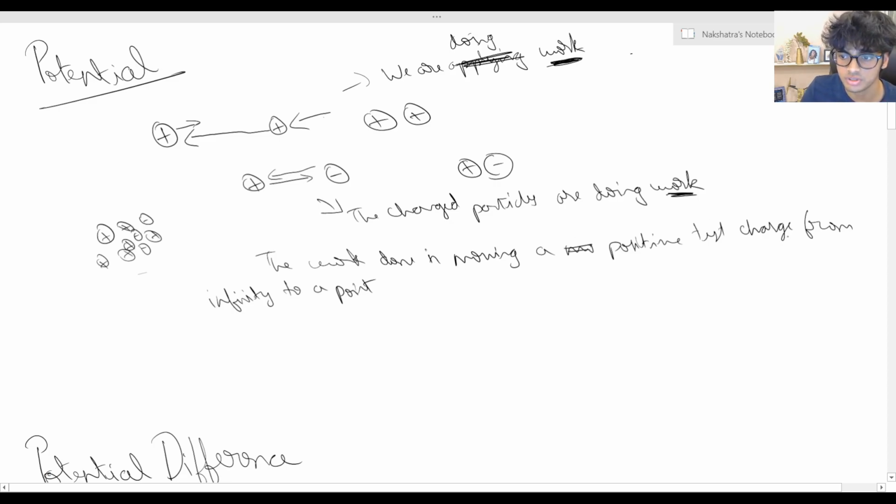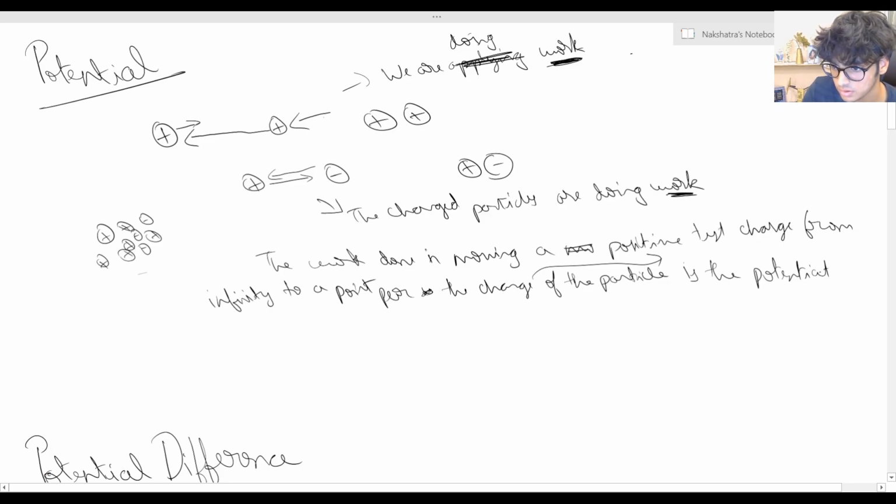The work done in moving a positive test charge from infinity to a point per the charge of the particle, इसके लिए the charge of this, per the charge of this, is the potential at that point. ठीक है, ये सेम है, these two points are the same.